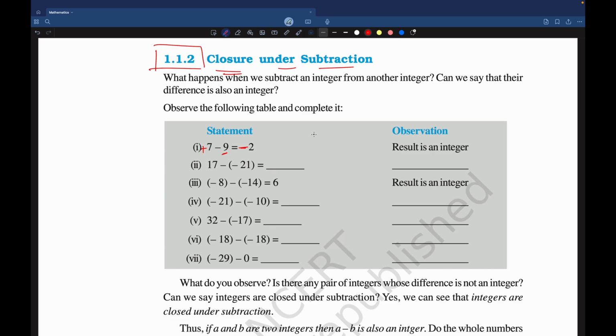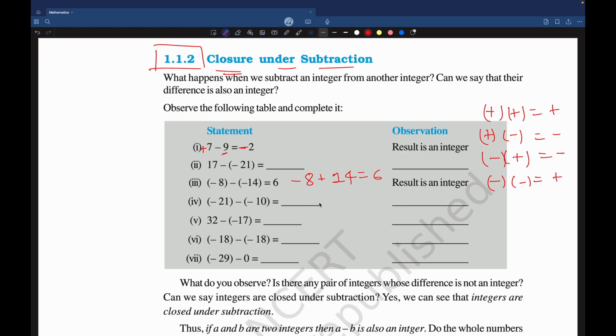Minus into minus, we have just seen, plus into plus is plus, plus into minus is minus, minus into plus is minus, and minus into minus is plus. So in this case 8 minus 14, minus into minus is plus, so 8 plus 14, 14 minus 8 is 6.